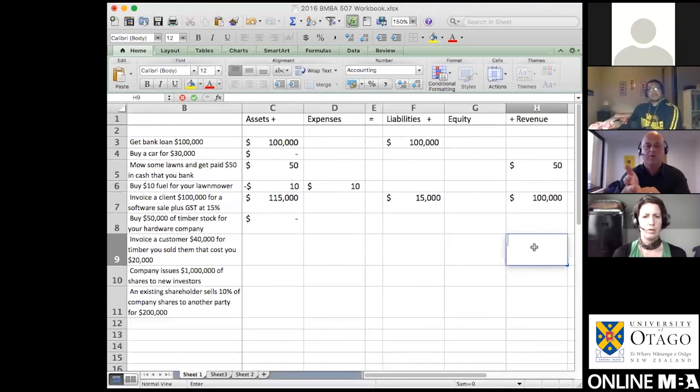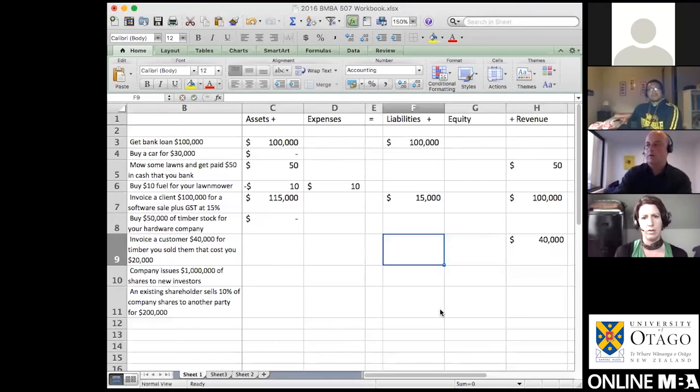And then remember, there's a second transaction that we've got to do to account for the fact that we no longer have $20,000 worth of stock. So that is the $20,000 that is in expenses. Yep. Plus expenses and minus assets because it cost us. So the first transaction is we record the sale, which is $40,000 worth of revenue and $40,000 worth of debtors.